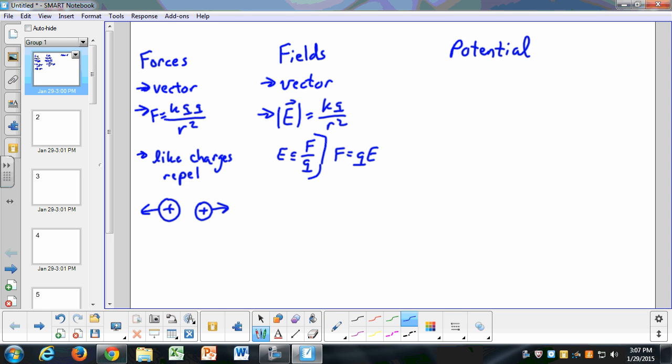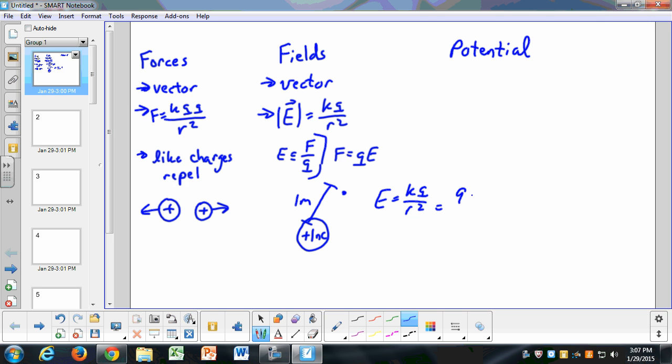Now with the fields, it's a little bit more complicated. If we have a charge here, let's say that it's plus 1 nanocoulomb. And I want to know the electric field at a point that is, I don't know, 1 meter from that 1 nanocoulomb charge. To find the magnitude, I would say E is equal to KQ over R squared.